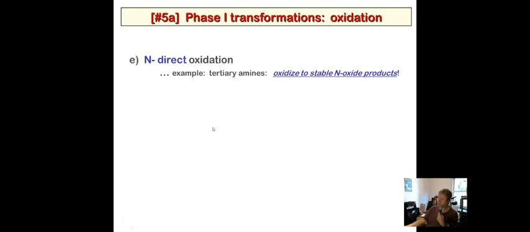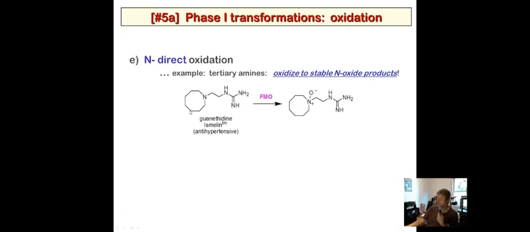Okay, so let's show a couple examples of the N-oxidation of a tertiary amine, which makes a stabilized N-oxide product. So this is guanethidine, or Ismelin. It's an antihypertensive drug. It's got a nice tertiary amine there, and FMO causes the oxidation of the tertiary amine to the N-oxide, and this is the metabolic pathway for this molecule.